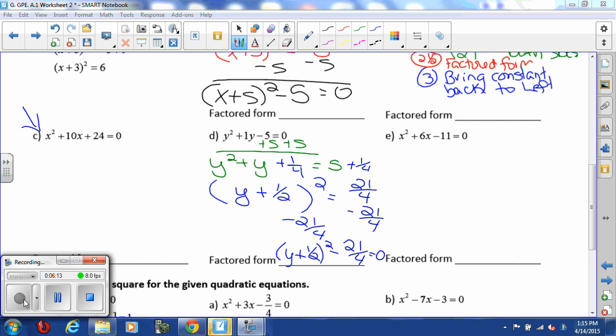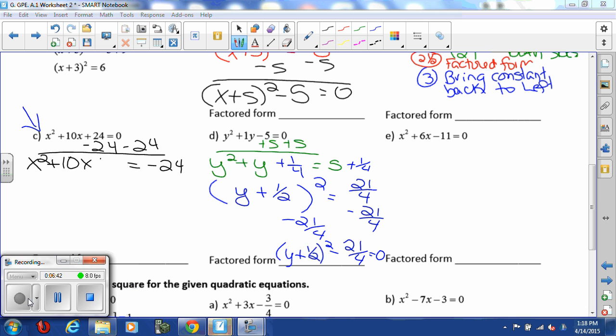You try C. And again, I use fractions. I'd like you to get in the habit of the fraction. What do you do first? Take constant to the right. Good. X squared plus 10x. Leave space. Okay. Now what? 10 divided by 2, squared.